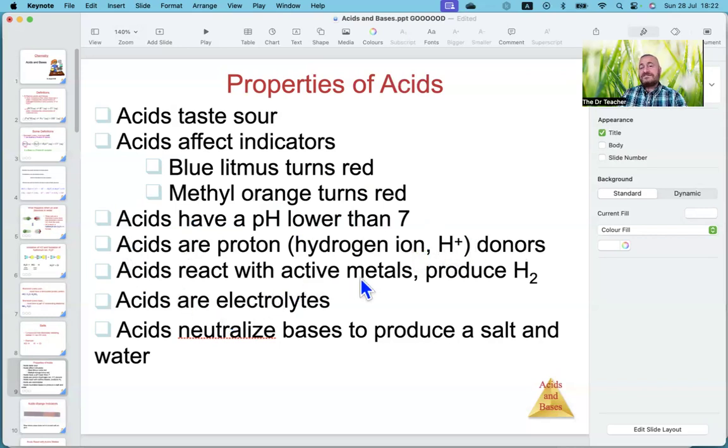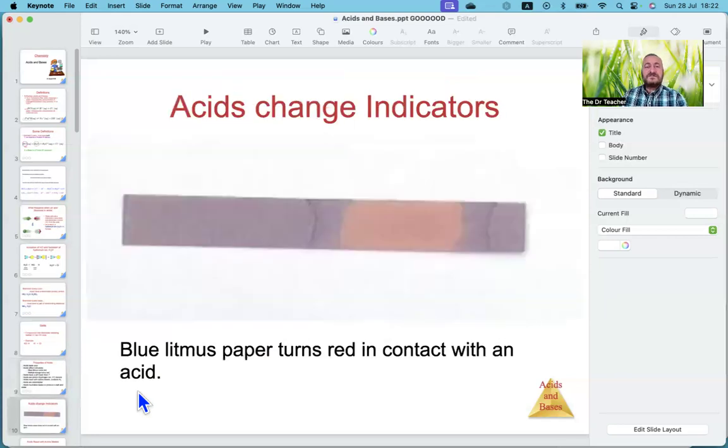Acids react with active metals to produce hydrogen gas, and acids are electrolytes. Acids neutralize bases to produce a salt and water. So those are the properties of acids.